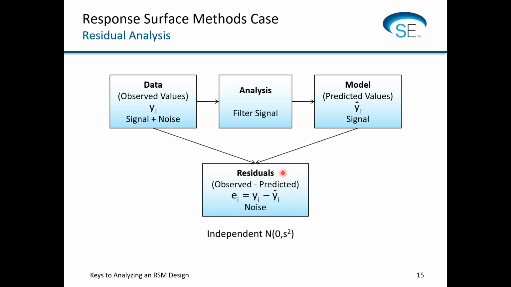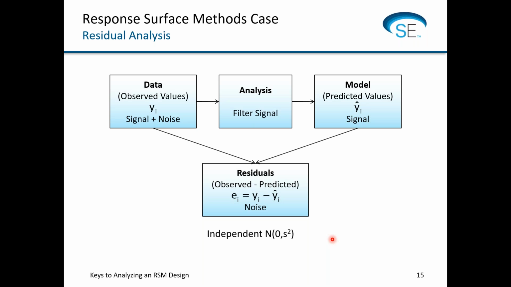It is these residuals that should be independent, normally distributed with a mean of 0 and a constant variance. That's kind of the statistical mantra. Some people make the mistake of saying, in order to use DOE, your data has to be normally distributed.